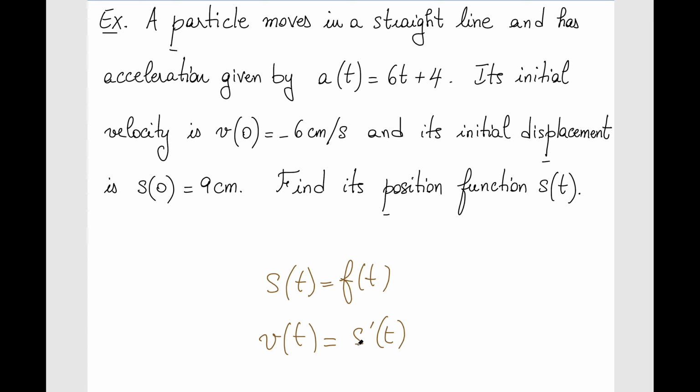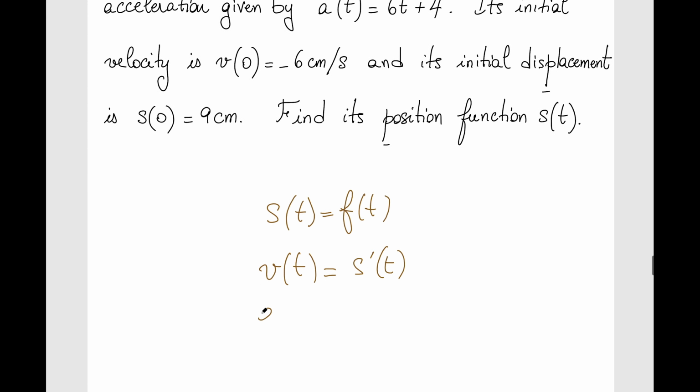Because the derivative of s is v, that's the same thing as saying that the position function is an antiderivative of the velocity function. And likewise, because the acceleration is, as we've seen before, the derivative of the velocity, we can say the velocity function is an antiderivative of the acceleration.